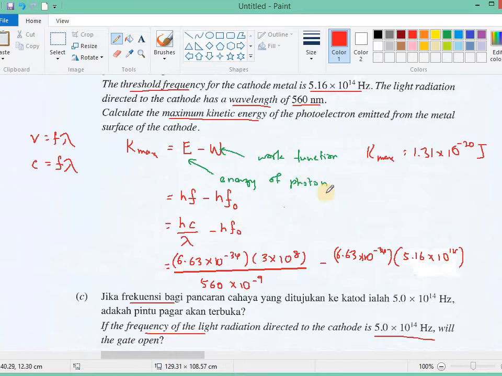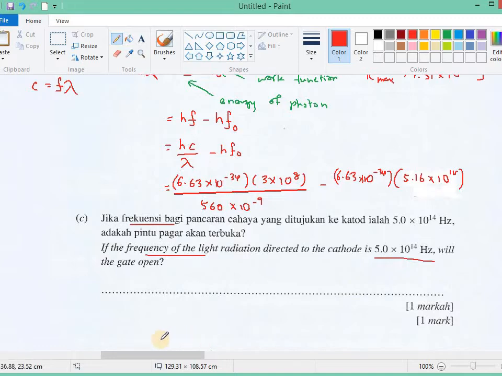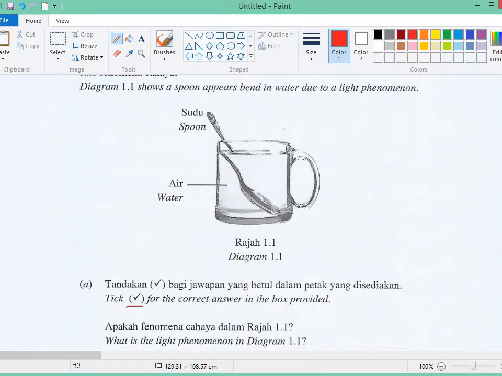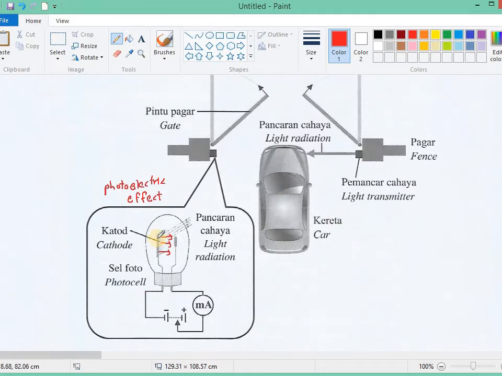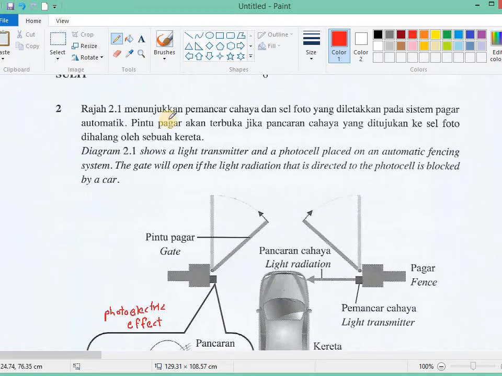So if no photoelectric effect, that means no current. And the question says that if blocked, door will open. It says light transmitter and photocell.